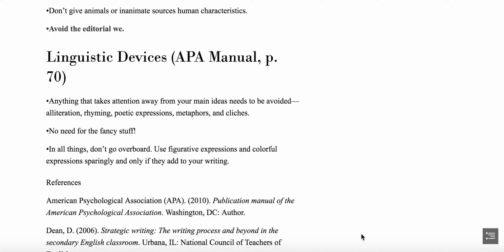So if you say something like, "We must do better at taking care of our environment," that is the universal editorial "we," and it can be offensive in some ways.